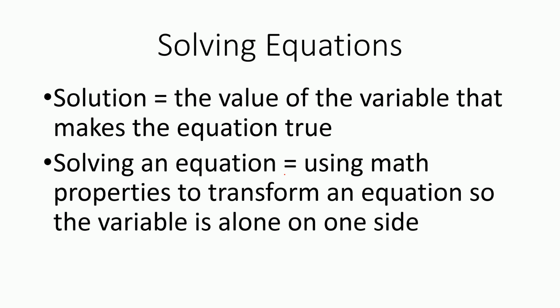And so we have a final equation that reveals what the solution is. And it always ends with the variable alone. Usually that's x, and so it would be x equals some number, and we don't always know what number that is.